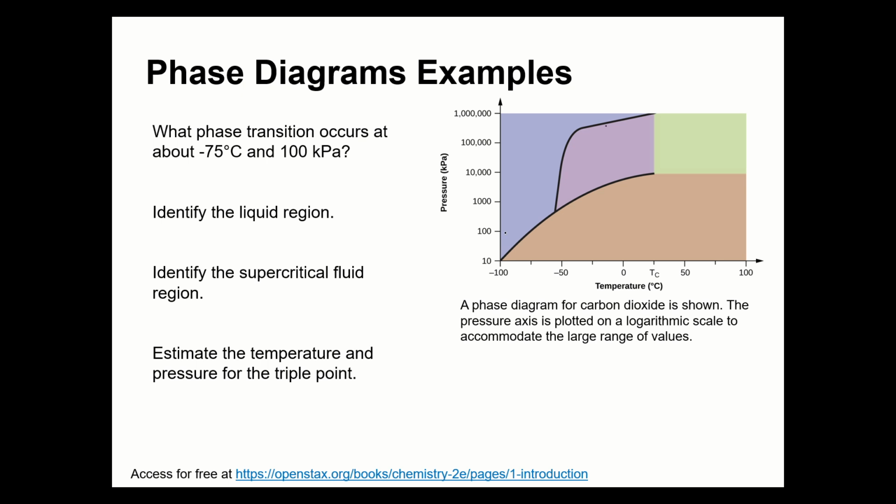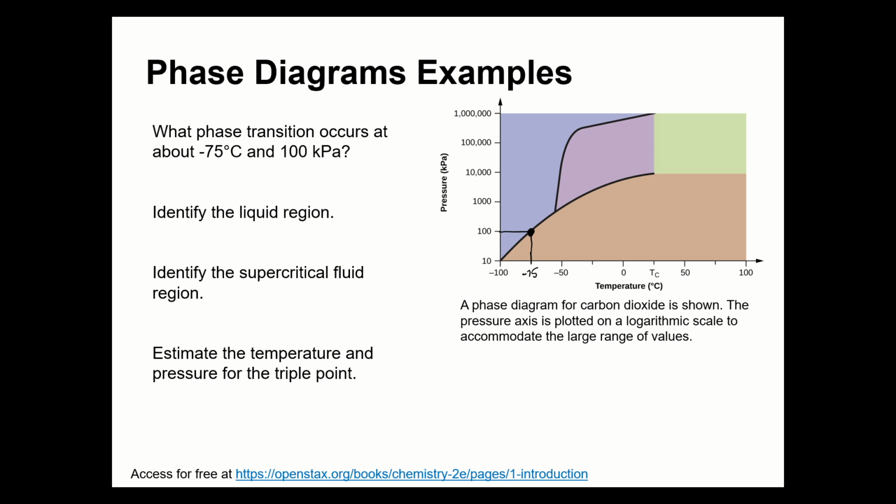So right here at 100 kilopascals and -75 degrees Celsius, we'll say -75 is here between 150 and 100 kilopascals. We're looking at this point here, and they're asking what phase transition that is.